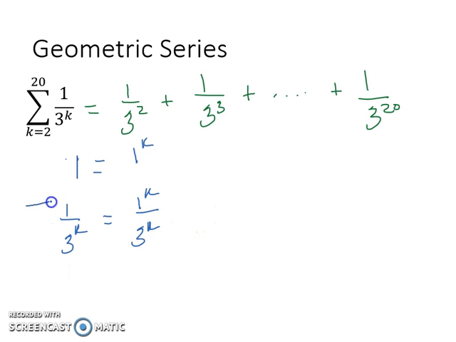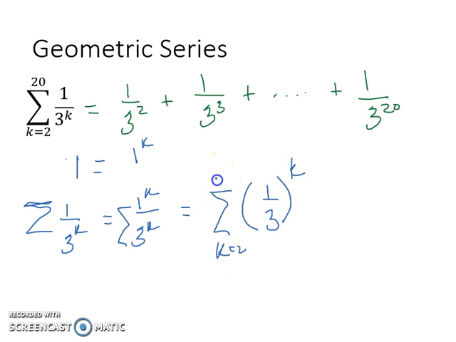So that means our summation, 1 over 3 to the k, is the same as 1 to the k over 3 to the k, or you can also write it as (1/3) to the k, and we still have our k equals 2 to 20. So our ratio in this problem is r equals 1/3. So now we know our r, and so now we can use our formula.